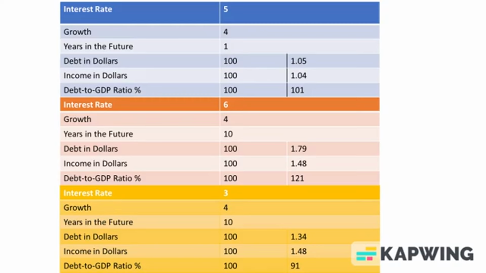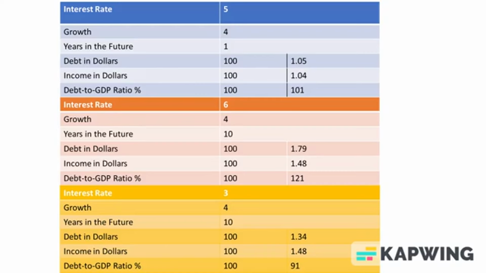Now, let's consider how debt grows over time. Debt increases based on last period's debt, plus the interest payments on that debt. Assuming that all debt rolls over at a 5% interest rate, the interest payments would be 5% of the existing debt. In this example, 5% of $100 equals $5.